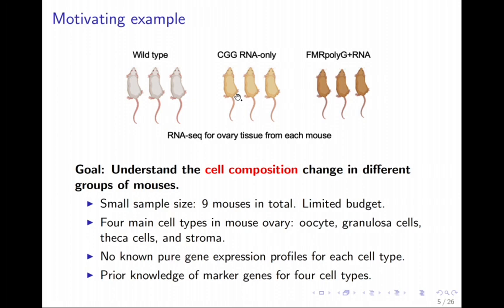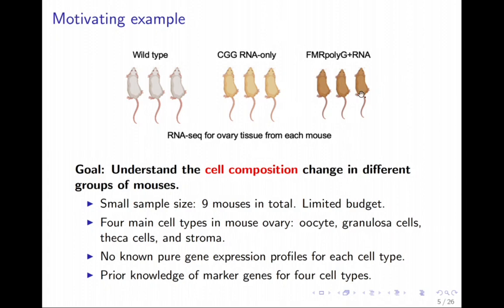So our motivating example comes from data from our collaborator from Baylor College of Medicine. In this data set, we get 9 RNA-seq samples from 9 mice. The tissue of interest is the ovary tissue from mouse, and there are 3 groups.